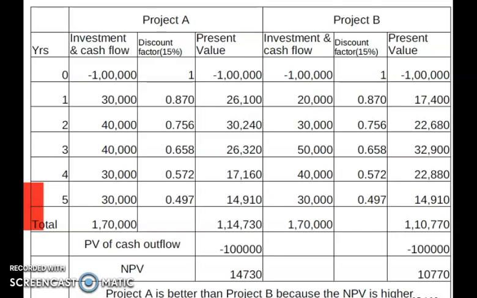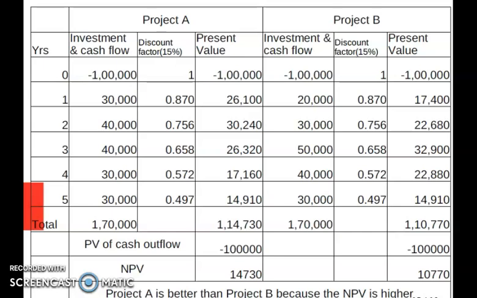So when you reduce 1 lakh in Project A from the total of present value, you get 14,730 as your NPV. In Project B, when you reduce 1 lakh from 1,10,770, you get an amount of 10,770.